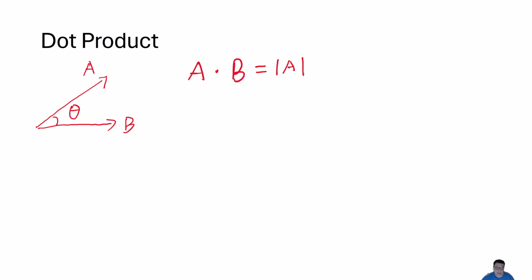For example, if we have vector A and vector B, and the angle between the two vectors is theta, then the dot product A dot B equals A's magnitude times B's magnitude times cosine theta.